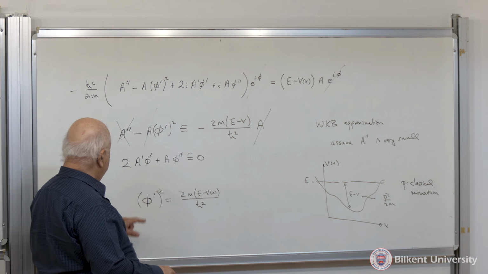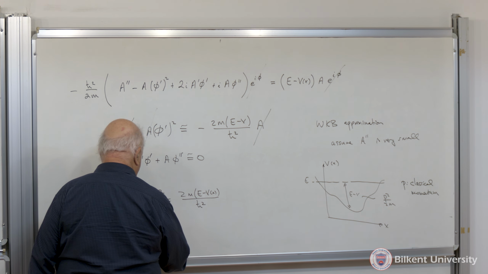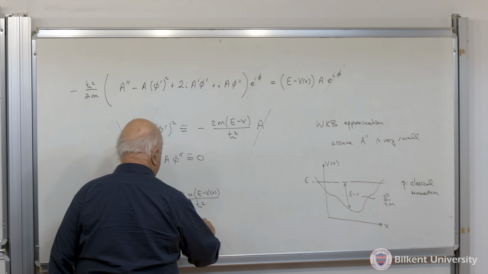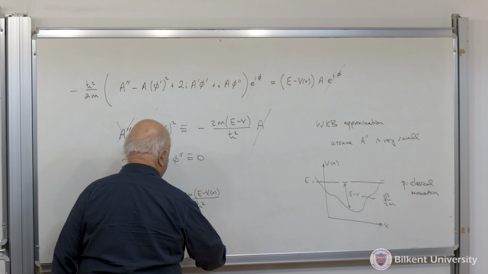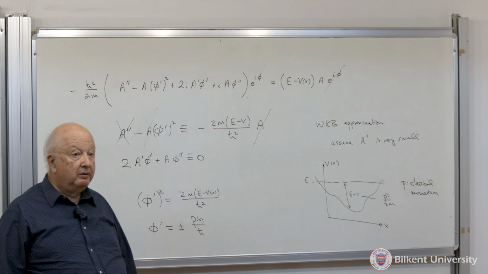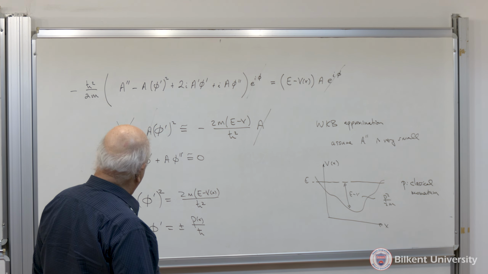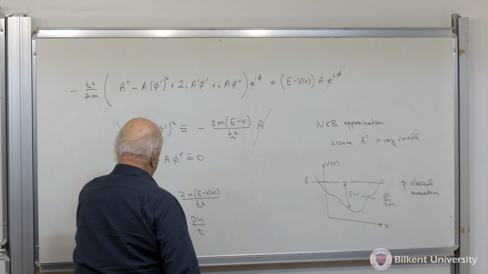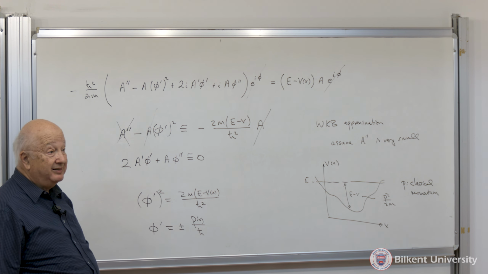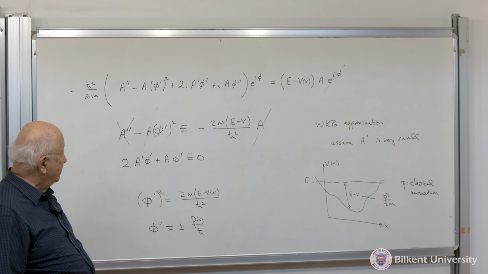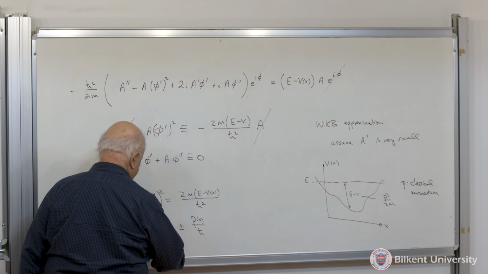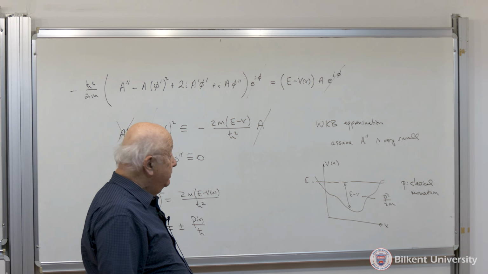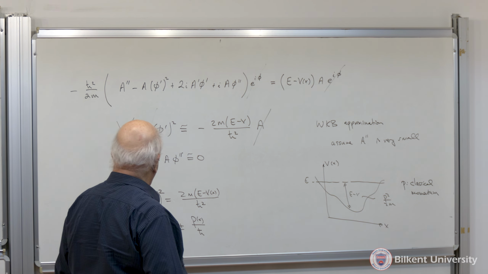So this phi prime becomes equal to plus or minus p of x over h bar. So the derivative of the phase is equal to the classical momentum at any point divided by h bar. Remember, this is a function of x. So we have found what phi is.